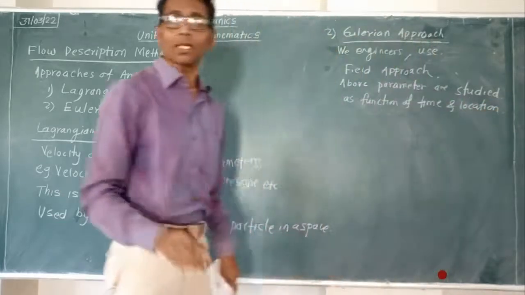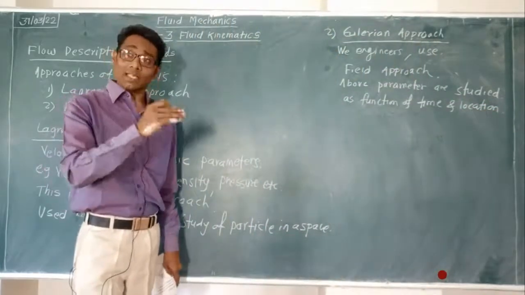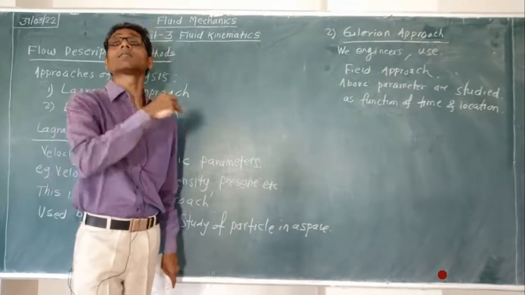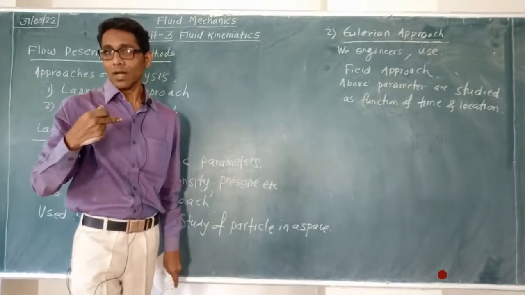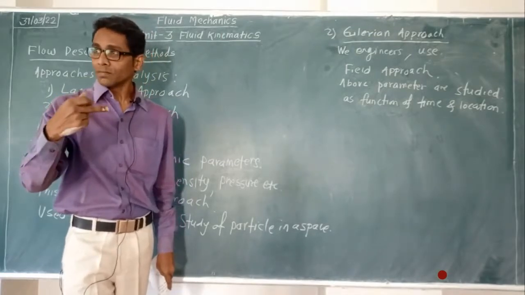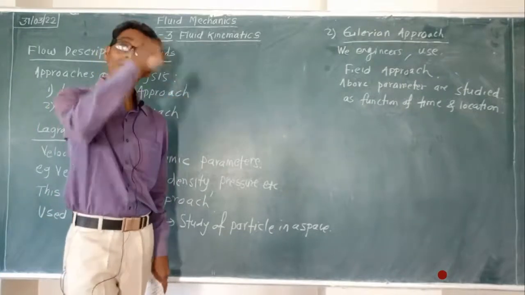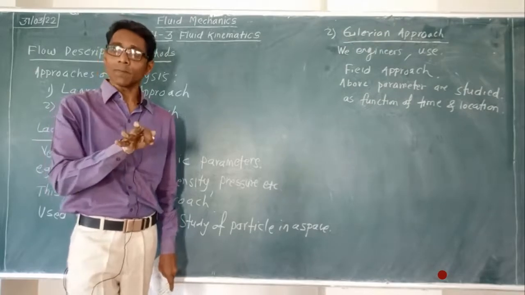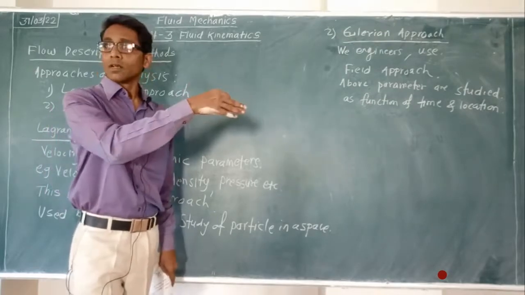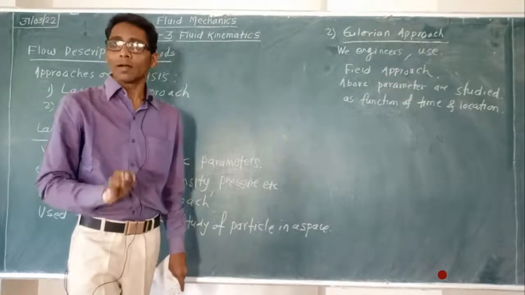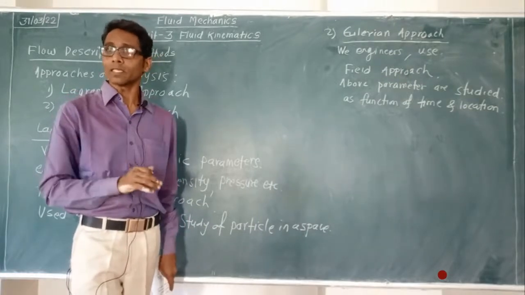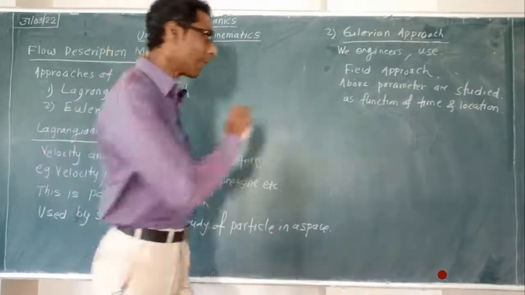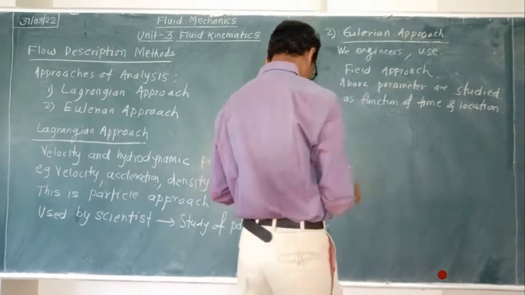Location means we use the Cartesian coordinate system: x axis, y axis, z axis, meaning three directions. Any space, area or volume, which we call the control volume, is described by using the coordinate system.